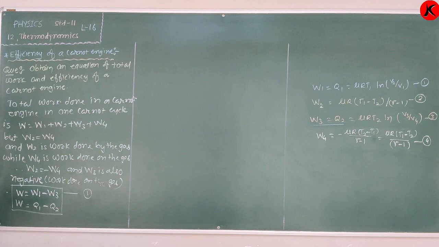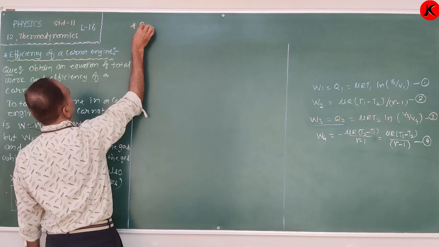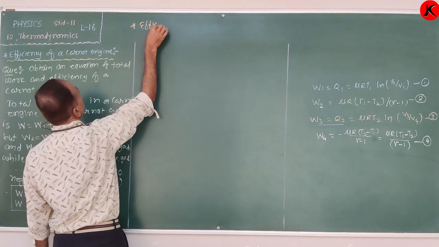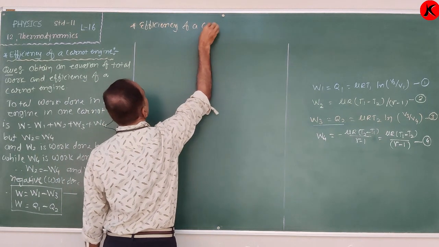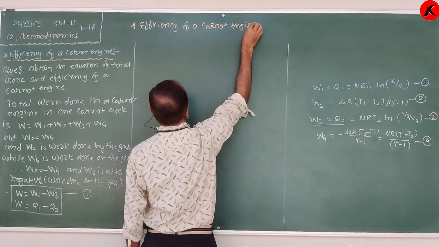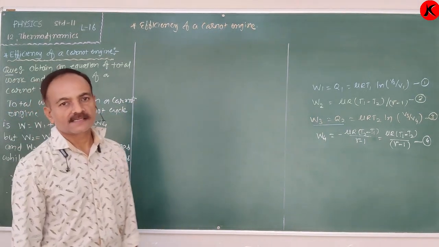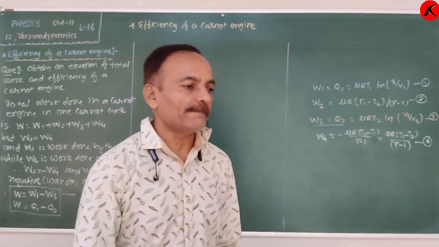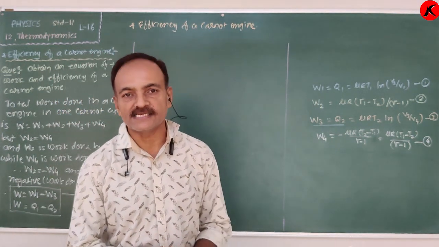Now we are interested to obtain the equation of efficiency of a Carnot engine. We know the definition of the efficiency of a heat engine, because the Carnot engine is one type of heat engine.